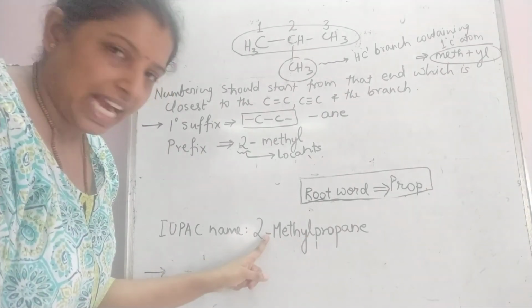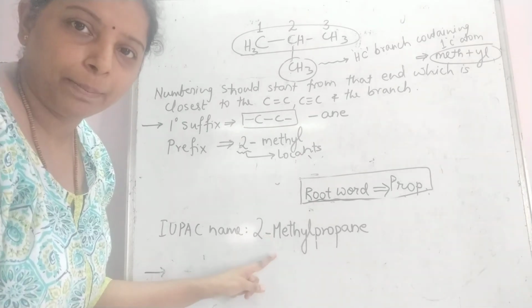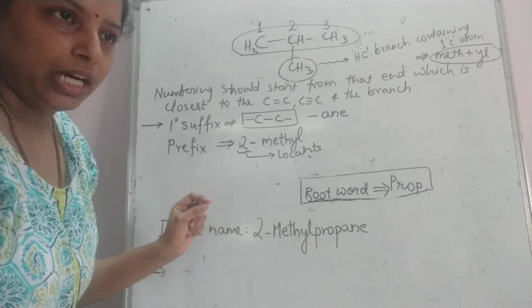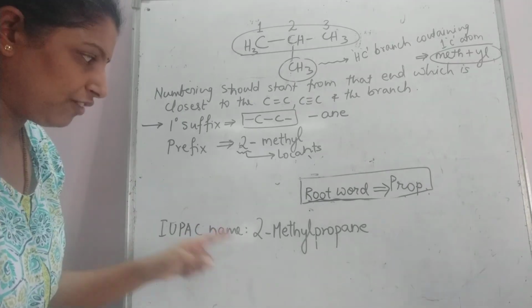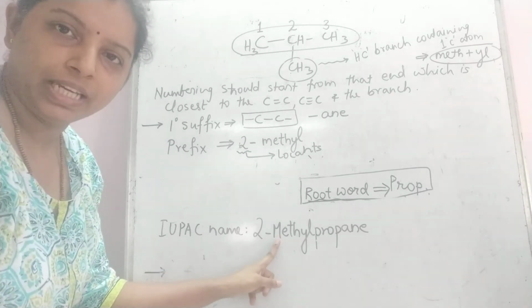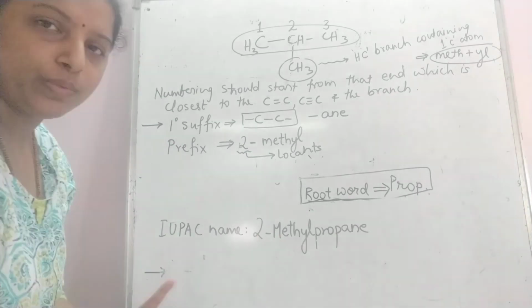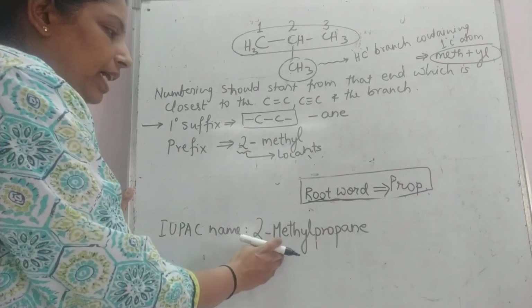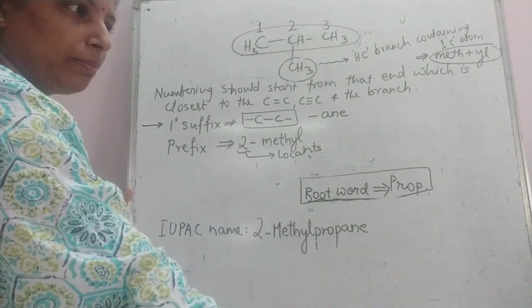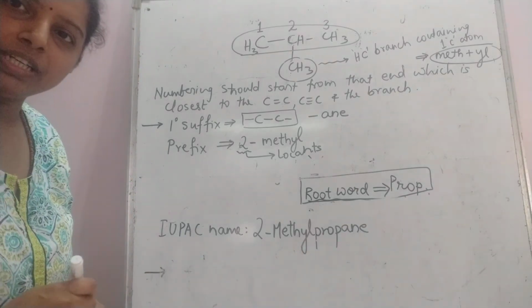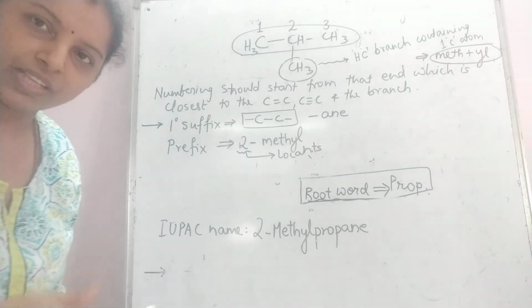There should be a dash or a hyphen to separate a number and an alphabet. तो number और alphabet के बीच में dash डालो. ठीक है, पहला letter capital है, and the entire name is written as one single word. So what is the name of the compound? It is 2-methyl propane. Okay, we'll take a more example in the next lecture. Till then, keep studying.